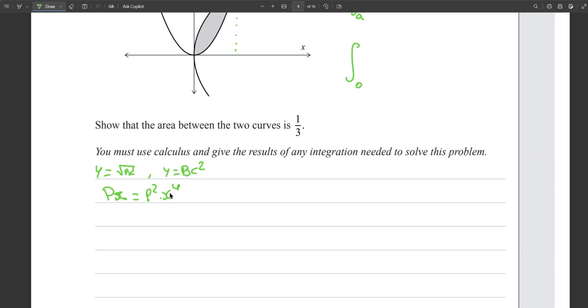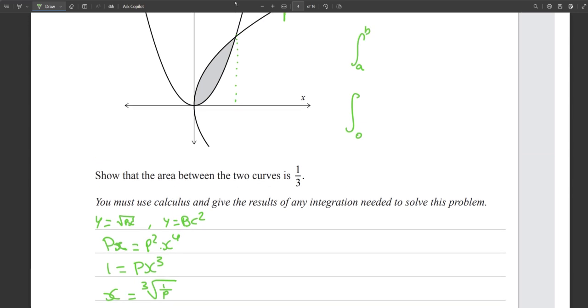Dividing both sides by px will give 1 equals px cubed. And so x is just going to be the cube root of 1 on p. So that is the x value of this point. So the upper limit of our integral will be the cube root of 1 on p.